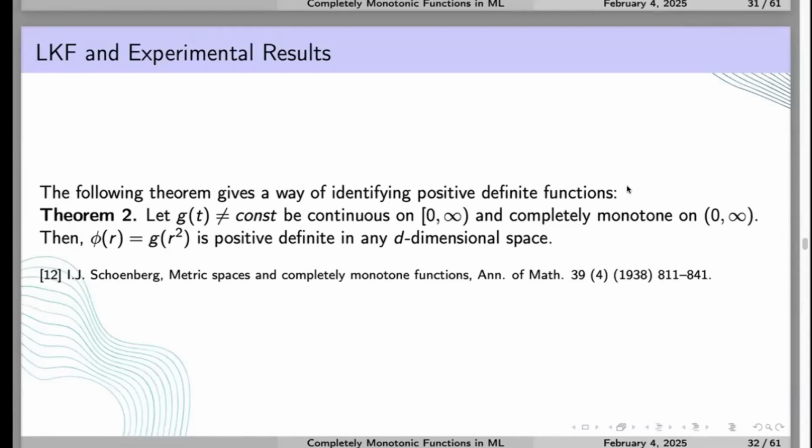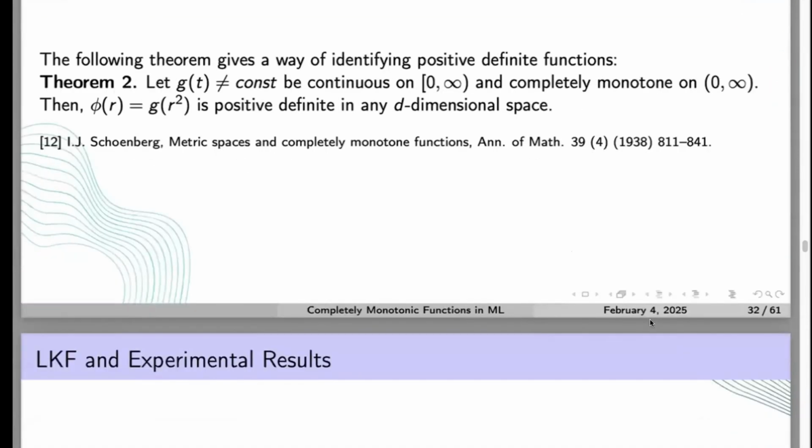So here, this is a classical theorem on completely monotone functions. It says, if g(t) is a non-constant, continuous, and completely monotone function, then you can put r squared instead of r, and you can establish phi(r), which is a positive definite function in any d-dimensional space.